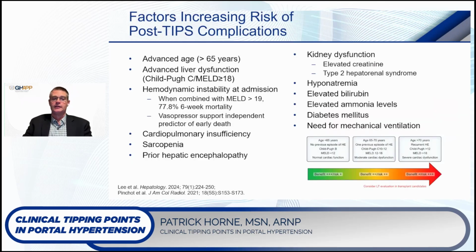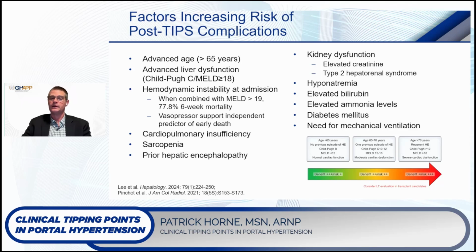So, factors that may increase post-TIPS complications: patients who are of older age, so greater than 65. As you heard, higher MELD or higher Child-Pugh score, specifically Child-Pugh C, or a MELD greater than or equal to 18. And you can see that patients who are unstable at time of hospital admission and have a high MELD at the same time have a very high 6-week mortality rate of almost 78%.